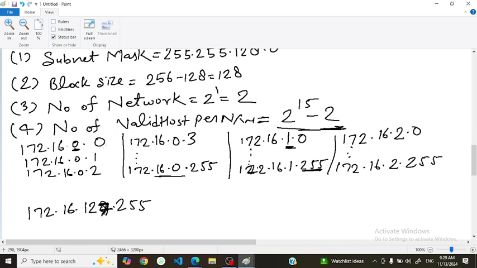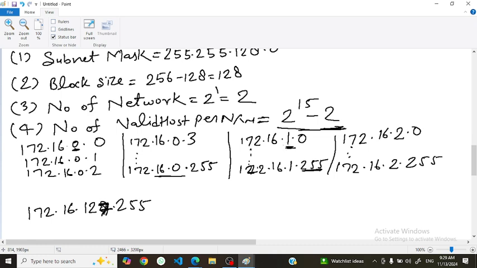So first of all, 172.16.0.0 will be the network ID of this block. Okay. And the second IP address will be 172.16.0.1. And we will reach up to 172.16.0.255. Once this octet is complete, we will make an increment in the third octet.